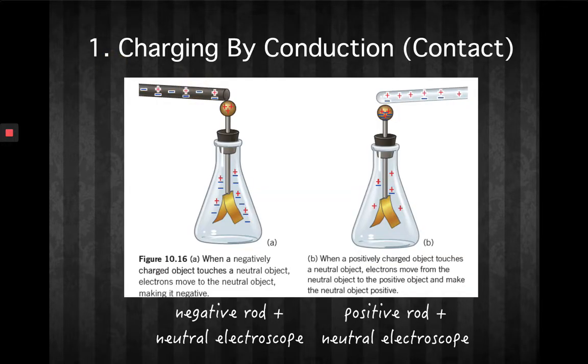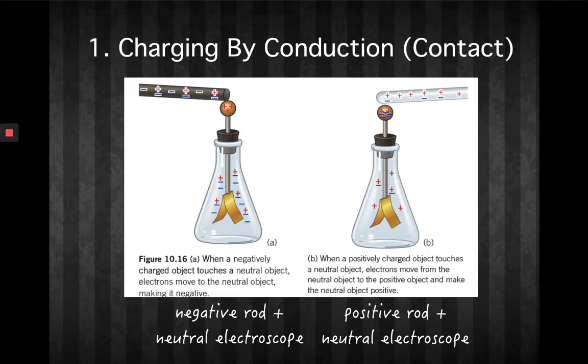So if we're looking here at our image, our first image has a negatively charged rod, and we touch our negatively charged rod to our neutral electroscope.